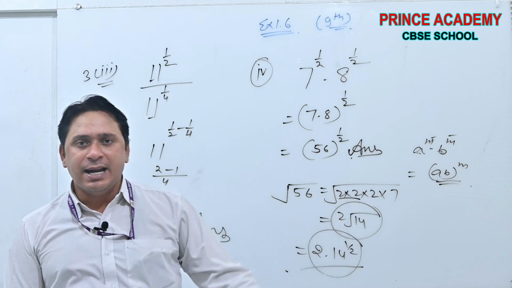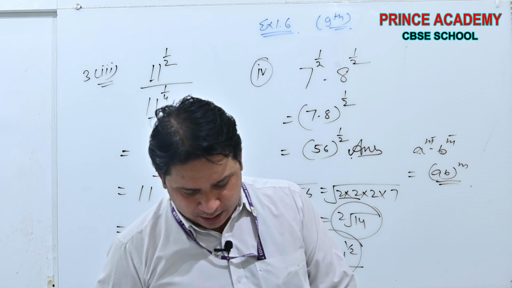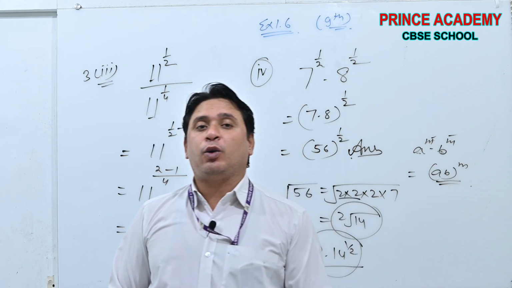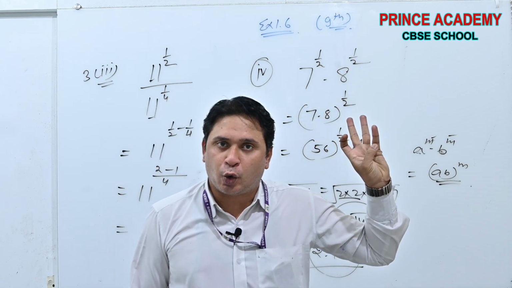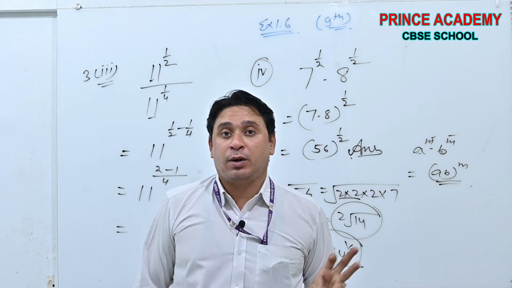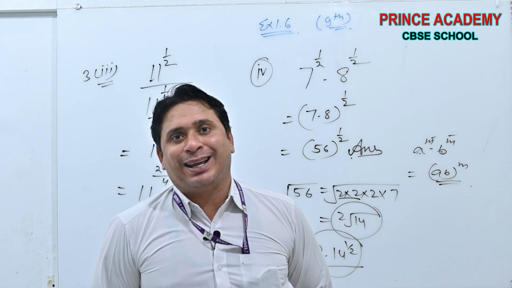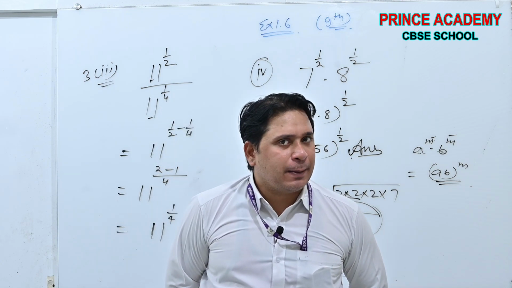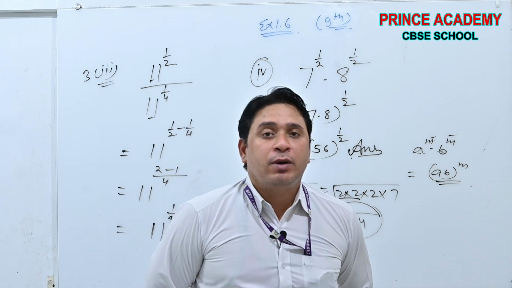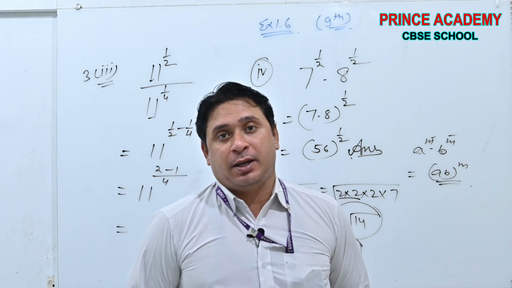Okay? Done? So beta, chapter 1 we have completed. One thing I would like to discuss with you class 9 students. We have done chapters 1, 2, 3 and 4. From the next video you will get the video regarding chapter 5. Chapter 5 is Euclid's geometry.